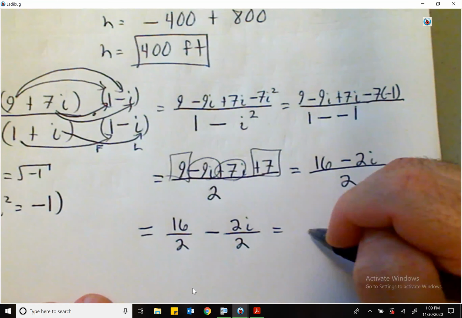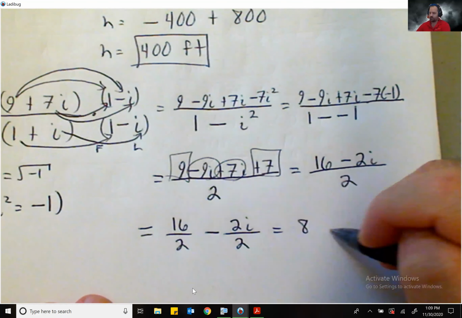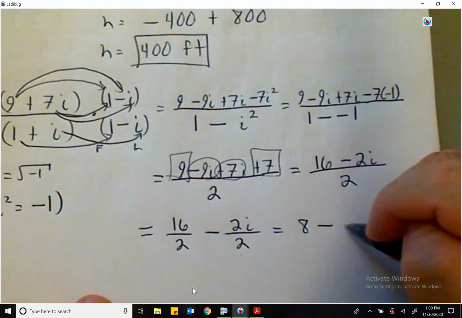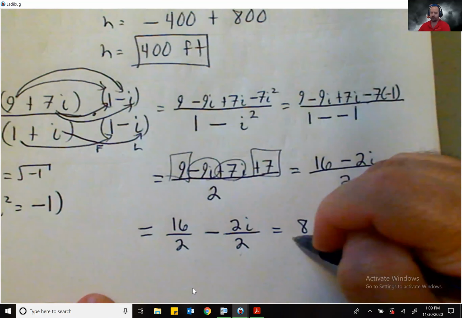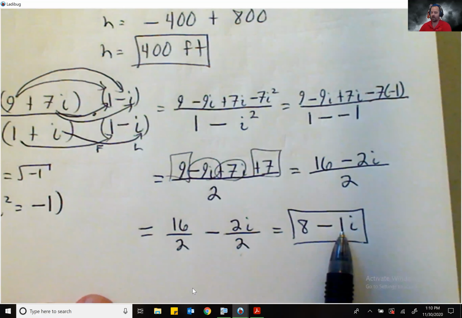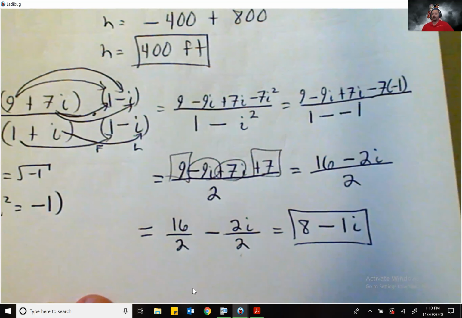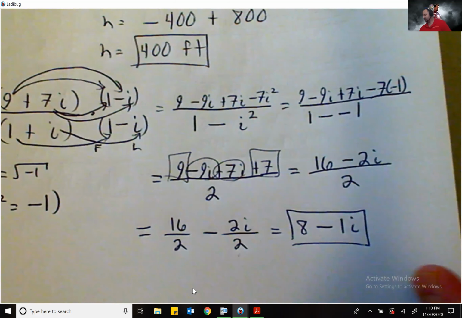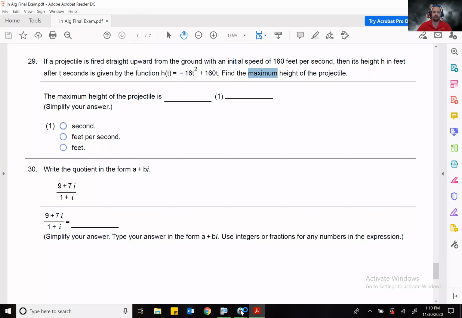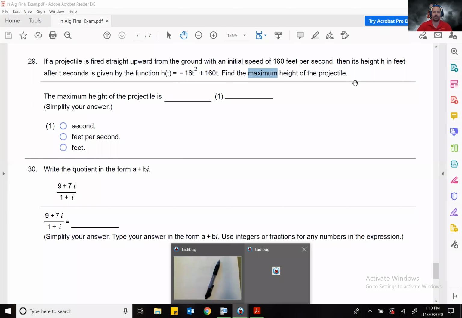And 2 divided by 2? 1. That's what they're looking for. 8 minus 1i. And that, my friends, is your intermediate algebra final exam. We did it. We made it.